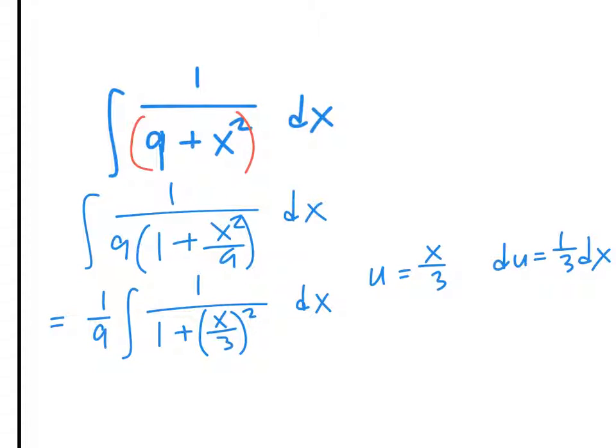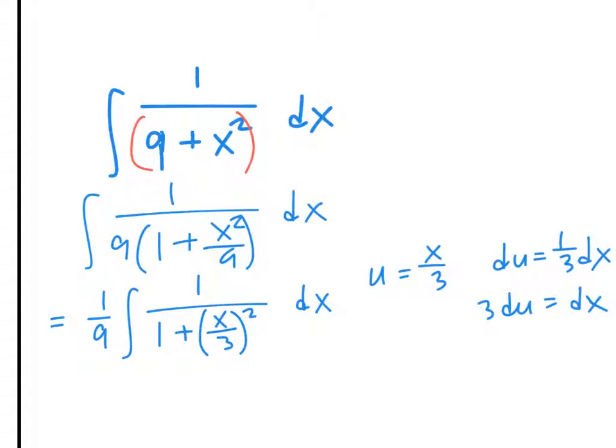Recall u sub: we take the most complicated part of the integral and we make it into a u. Take the derivative of that on both sides, du and then dx, and we're going to substitute it back in. Now, in this integral, there is no 1/3, so what we want to do is multiply everything by 3 to get rid of that 1/3. So 3 du is equal to dx.